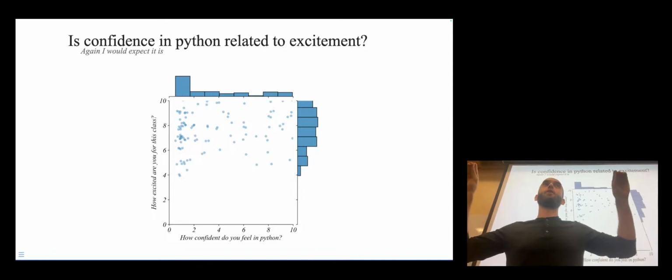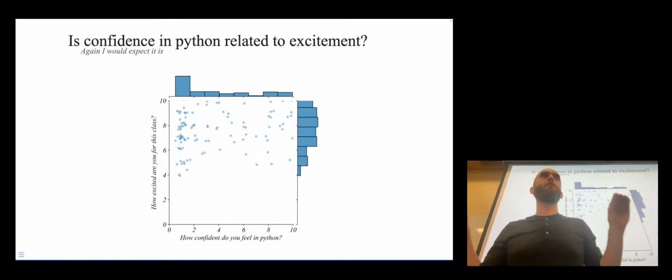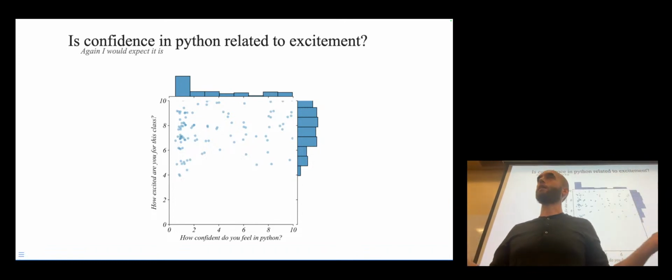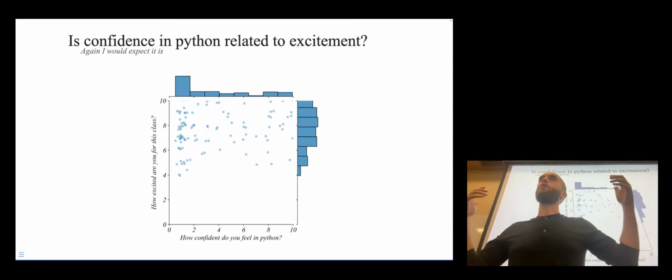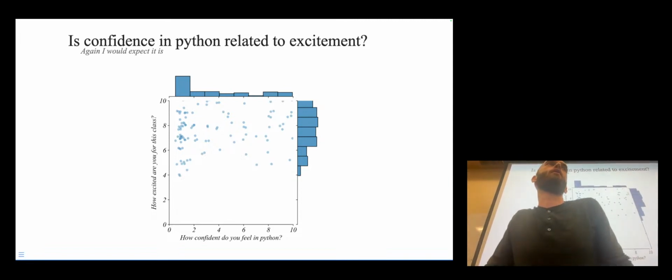And as I showed you earlier, most people in this class, understandably, are not that confident in Python. For a lot of you, this is your first time working in code. If you have no prior experience working in code, this class is the place to be. You should feel very confident that if you have zero confidence in Python, you're in the right place.